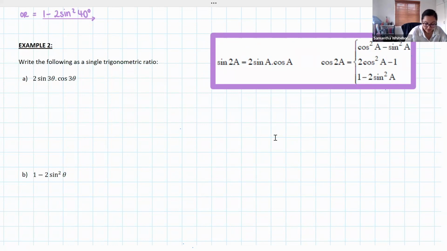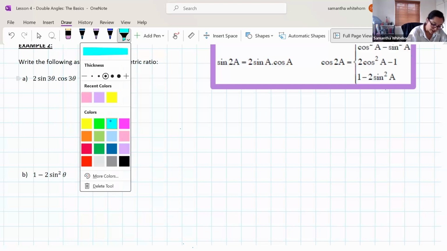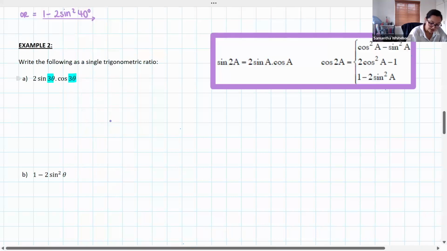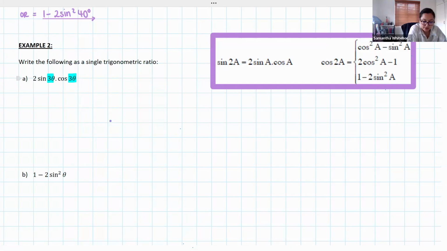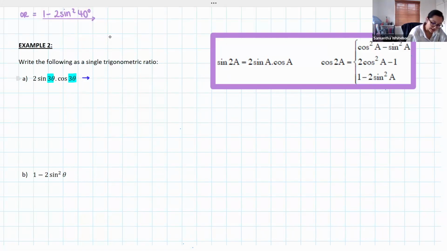Okay, so write the following as a single trig ratio. Obviously, the first thing that we just want to double check is the fact that the angles do match up. So I've got a cos 3 theta, a sine 3 theta, and a cos 3 theta. Those angles match up, which means we can take it back to a double angle. Now, because it's a 2 sine 3 theta cos 3 theta, we're working with our sine identity, which says sine of 2a is equal to 2 sine a times cos a.